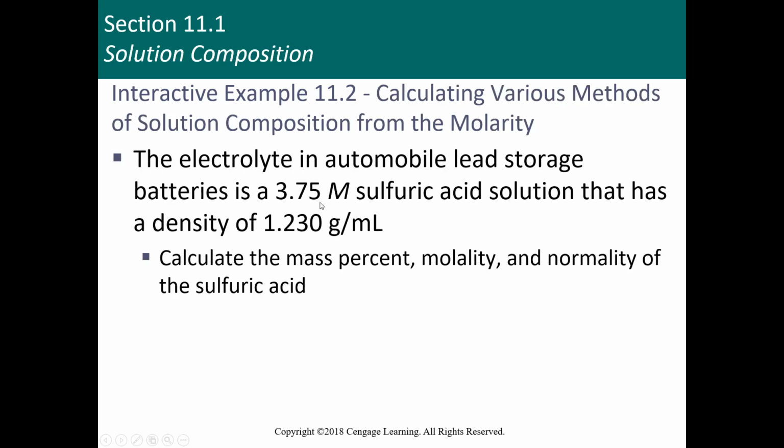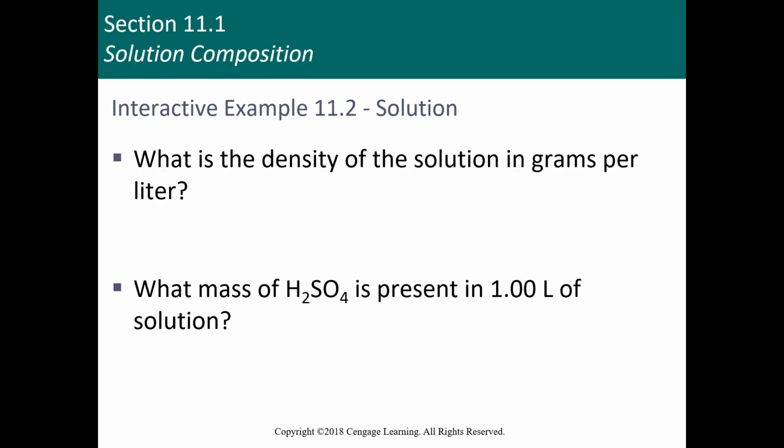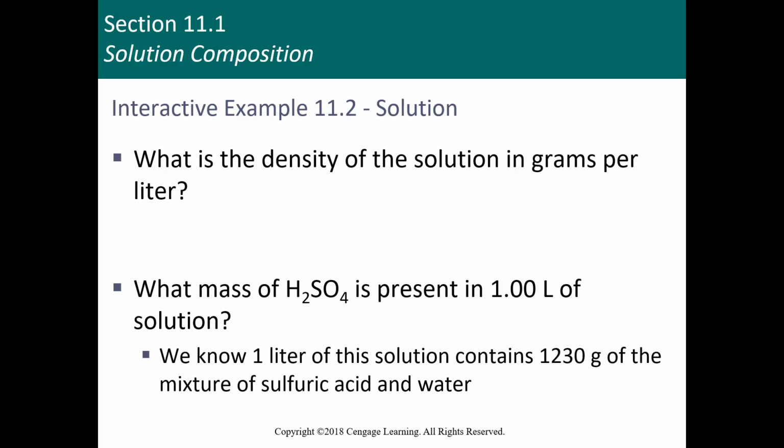We have it in grams per milliliter, but we have a quantity here that is in liters. And everything else is always in liters, right? And so we go ahead and convert that. So the mass will be present in 1 liter. Well, how many milliliters is in a liter? There's 1,000 milliliters in a liter.